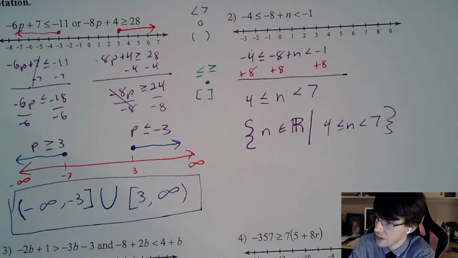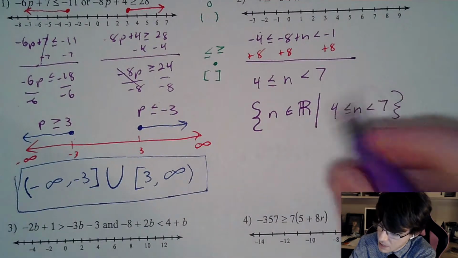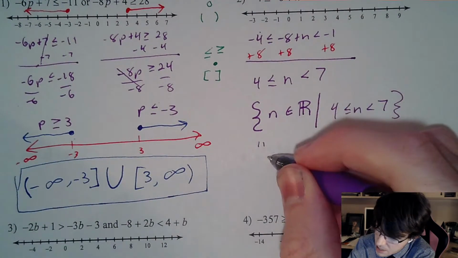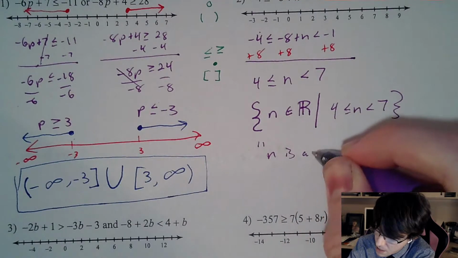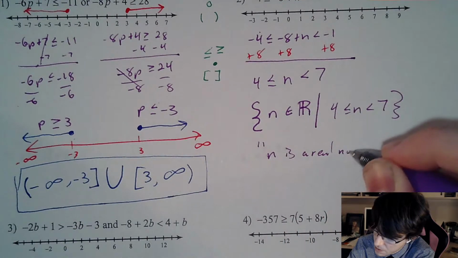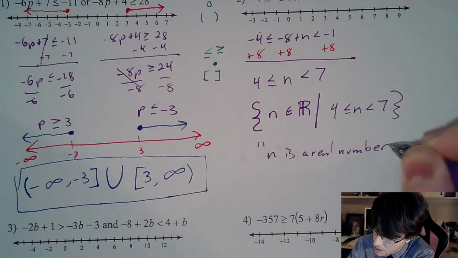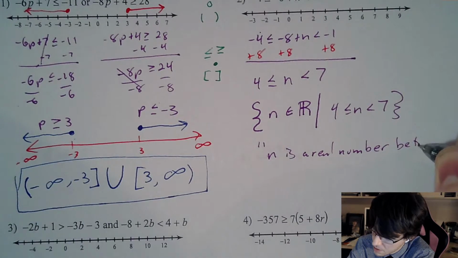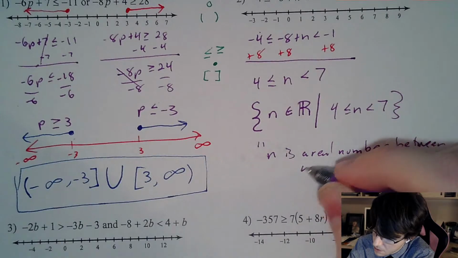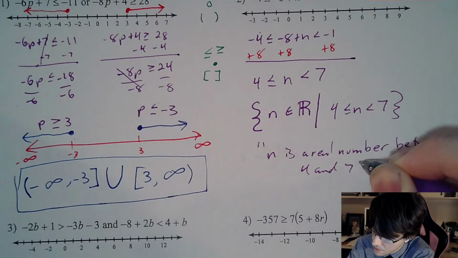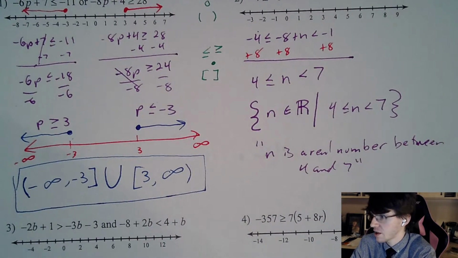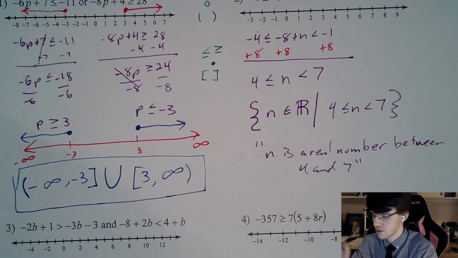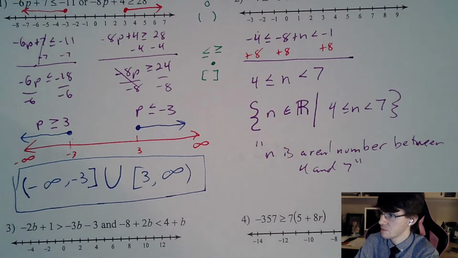And just so we can practice the English version of it, what does this mean? This quite literally means n is a real number between 4 and 7. That's exactly what that kind of means. You don't need to write this. I'm just kind of helping in the event that you want to know what that all means.